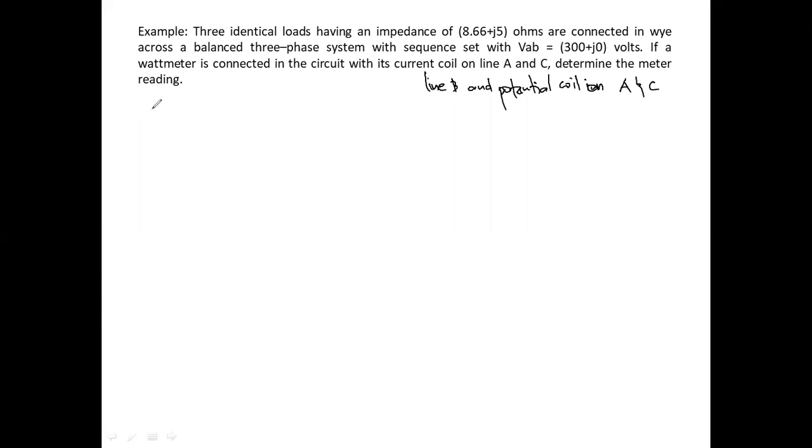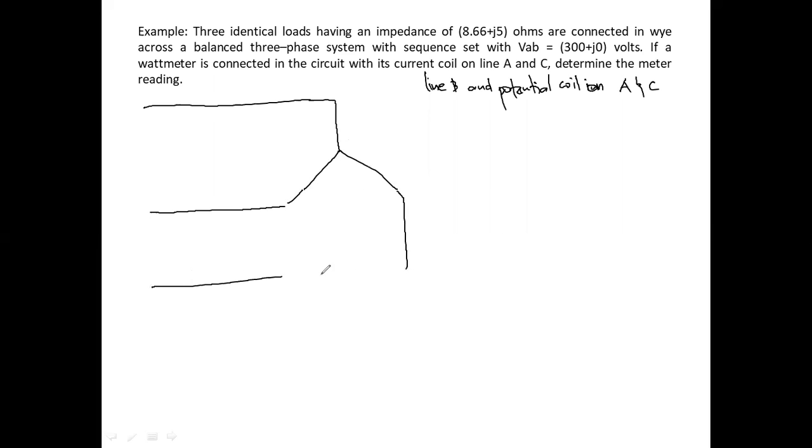First we need to draw the given circuit. So we have a balanced Y connected circuit with 300 volts as given. The impedance per phase is 8.66 plus j5, the same with the other phases.